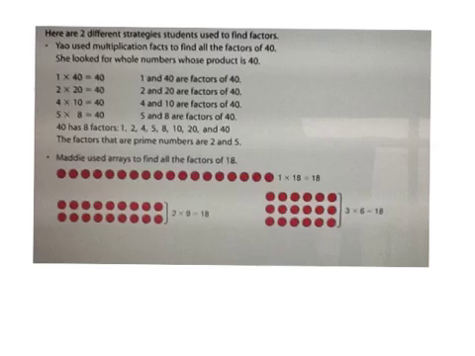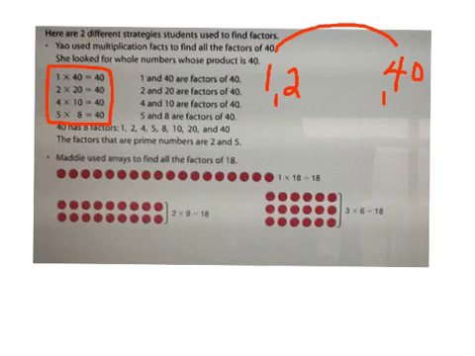All right, so there are 2 different strategies used to find factors. For example, here they've used multiplication facts, which they could turn into a factor rainbow. 1 and 40 are factors of 40. 2 and 20 are factors of 40. 4 and 10, oh dear, I'm running out of room.